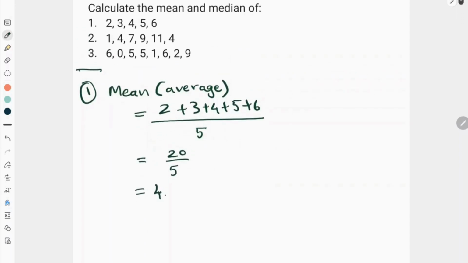Or another alternative way of obtaining the same number is to note that this is a simple arithmetic progression, so 4 is the middle number, and that will be the mean.